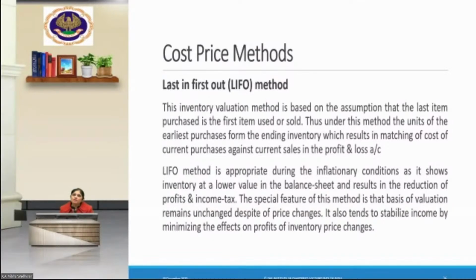So in FIFO, the cost of production will be at earlier market prices, and the sales are at the latest market price. But in LIFO, the cost and sales both are at the current market price because I'm issuing the material of the latest purchase. That is a complete contrast between both methods.